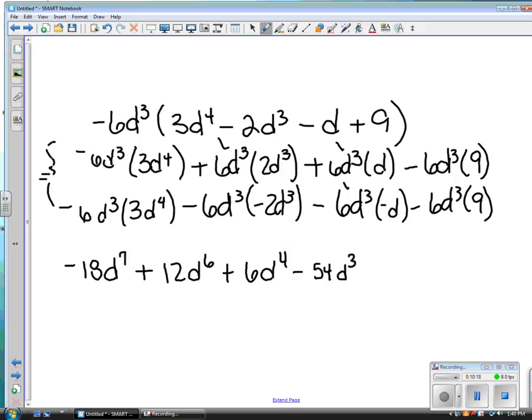Multiply numbers. I can't add them. I couldn't add them, but I can multiply them when they're like that. Now, my question is, is there anything within here that I can add together? No. Is my degrees in descending order? So therefore the answer is in standard form, and I am finished with that problem.